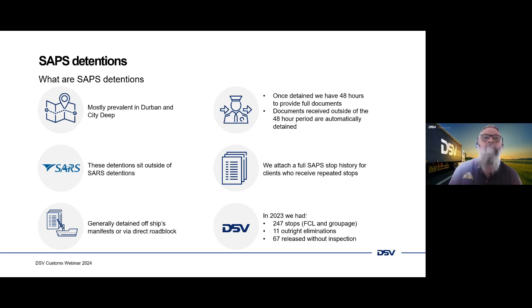For both the NRCS and the SAPS, we have what is called a pre-verification time window. What that allows us to do is to provide them with all the supporting documents relevant to the detention that they've imposed. What we work hard at in that 48-hour window period is to provide as much information as possible to try and eliminate the container from inspection completely.